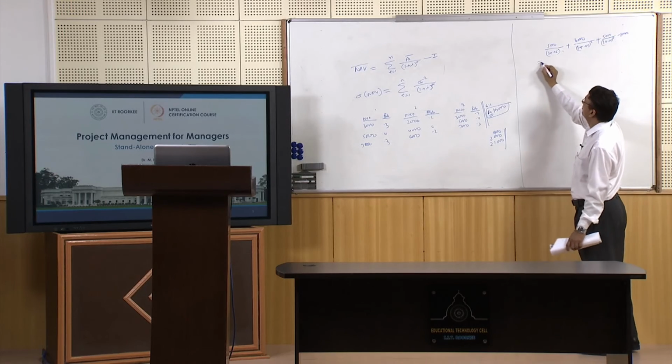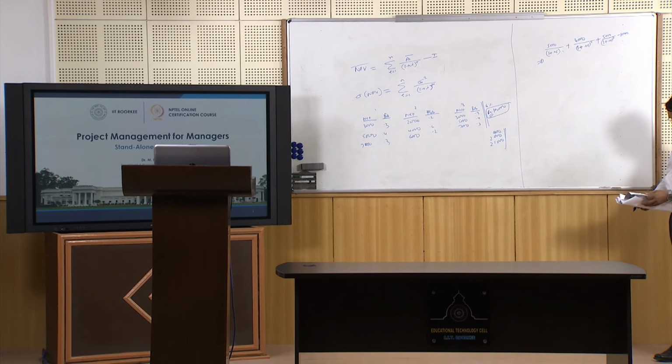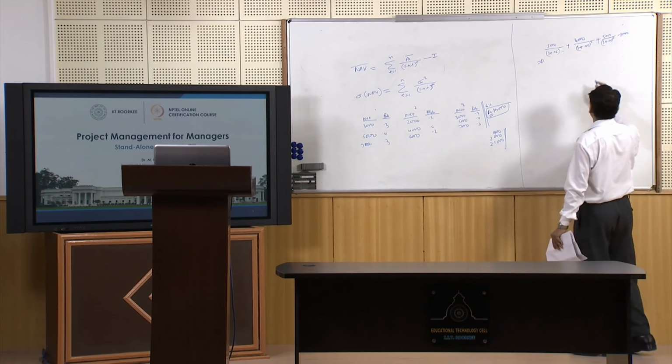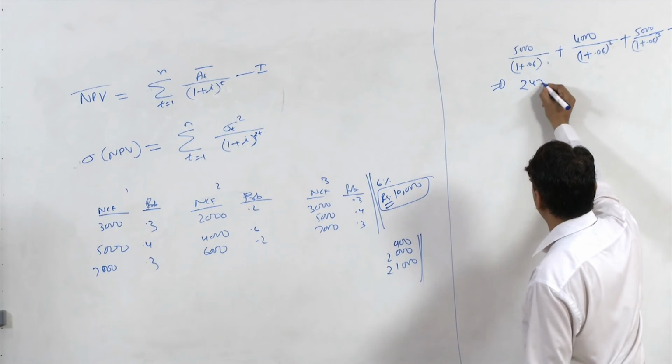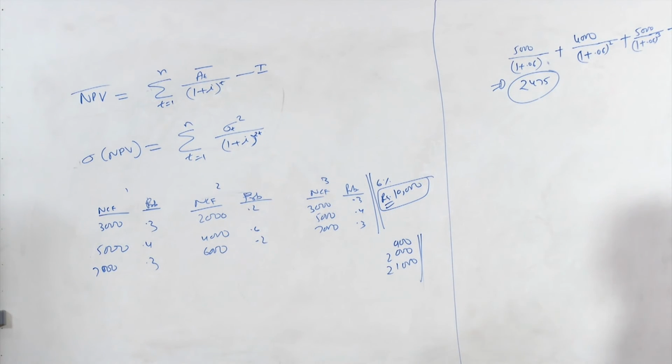You just calculate, and that value is actually 2475, right. You can calculate this, you will get this answer.